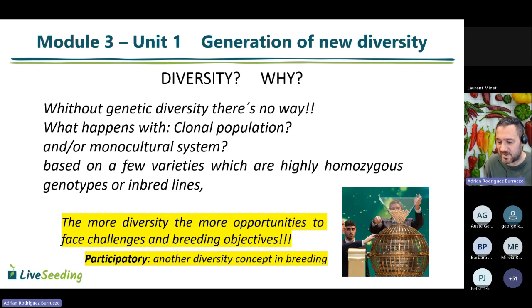Also, through the participatory approach, we are strengthening the links between the farmers, the consumers, end users, even politicians, etc., providing a healthier ecosystem from the farm to the fork. And this is a very important concept which is linked to organic breeding.